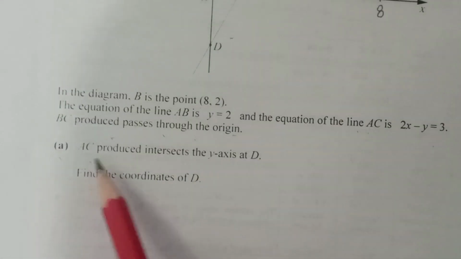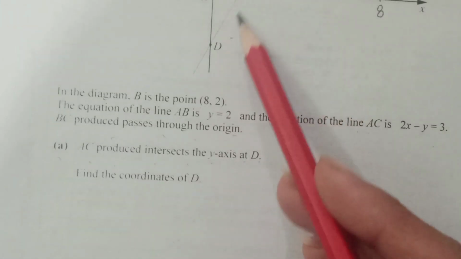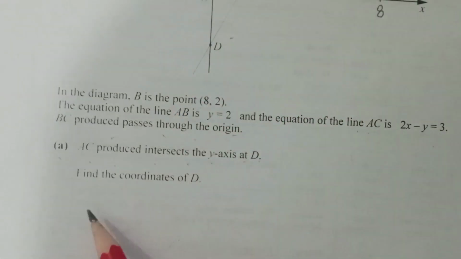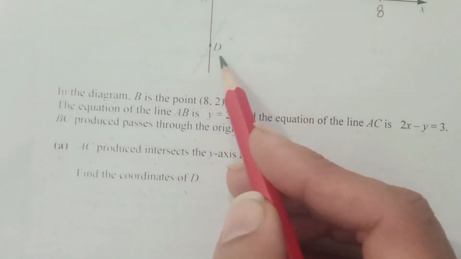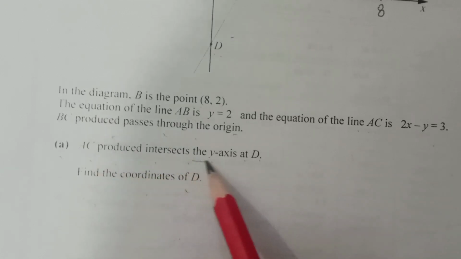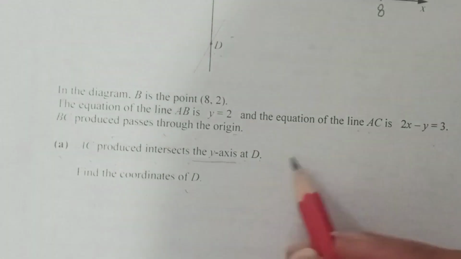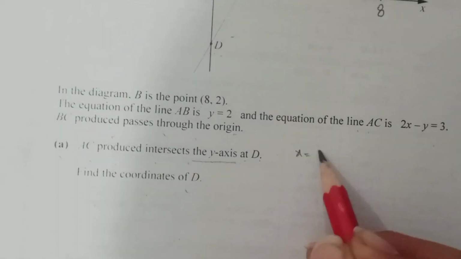Now part A, AC produced intersects the y-axis at D. These lines intersect at point D. Find the coordinates of D. The produced line intersects the y-axis, it means its x coordinate is 0. Now we have to find the y coordinate.